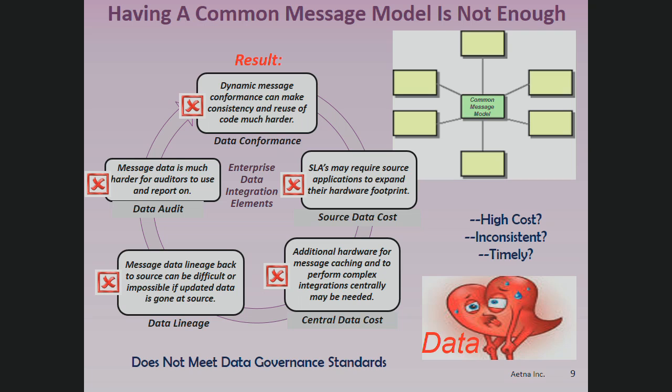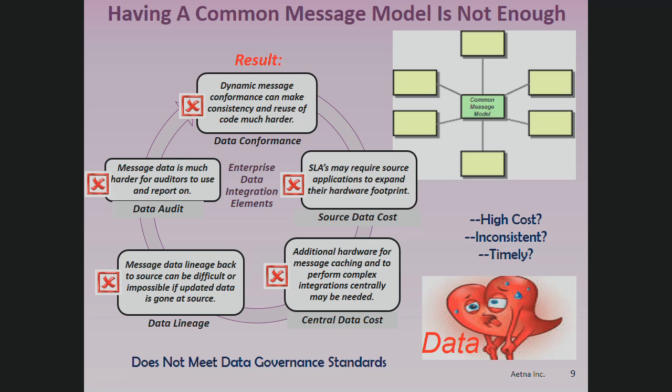Source data. The problem with this here is each one of these application systems needs to meet SLAs. Hardware, software needs to be beefed up to make sure that it can perform, because each one of these has their own job to do. But then if you're also integrating, meaning people are knocking on these applications' doors, there's SLAs and there's hardware, software type implications that are there.